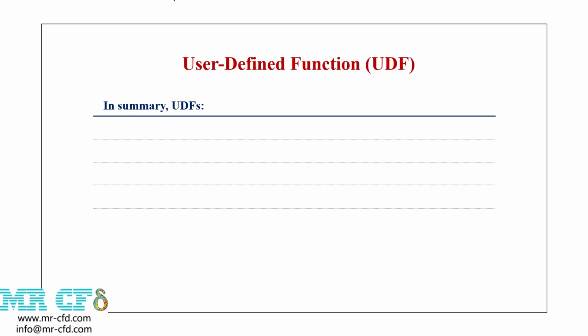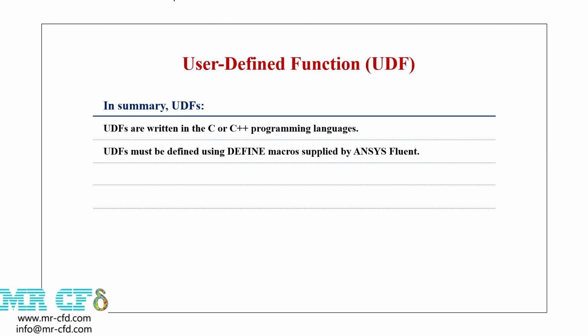We can summarize the important points in writing UDF programs for execution in Fluent as follows. UDF containing programs must be written in the C or C++ programming language. UDF programs must be defined using the define macros provided by Fluent software. In other words, the user is only allowed to use the macros defined by Fluent. In the first line of the program, the phrase #include "udf.h" must be written.